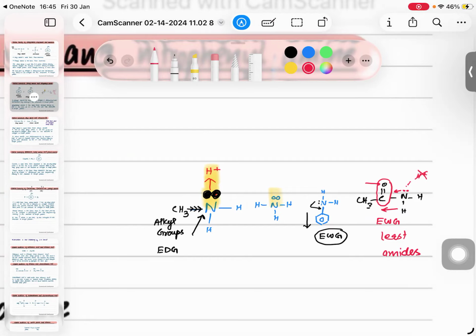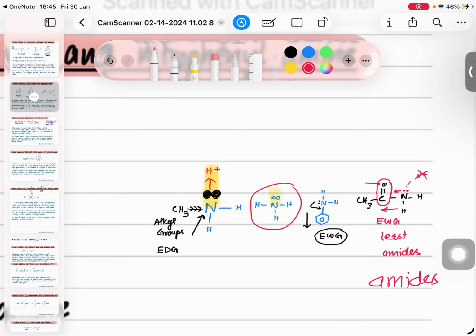So once you put them in order, you have to put the amine with alkyl group on the top, then ammonia, then the amine with phenyl group, and then the least basic would be the amides.